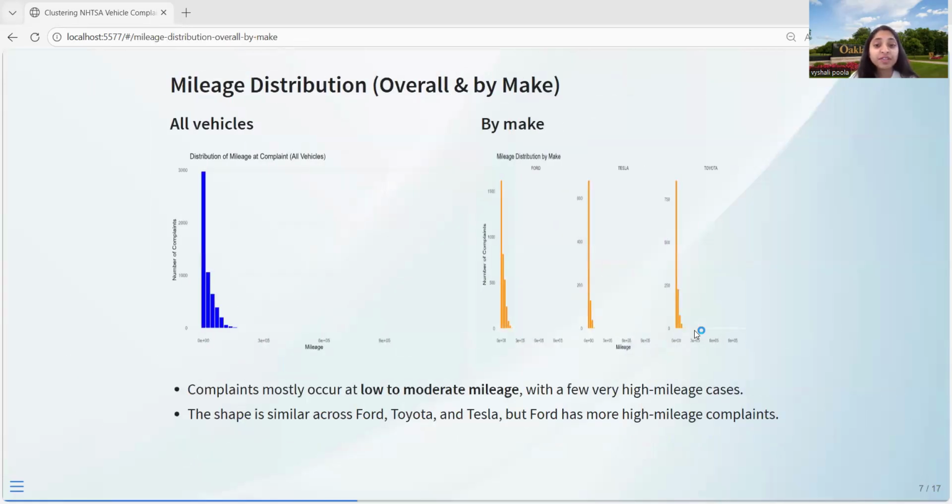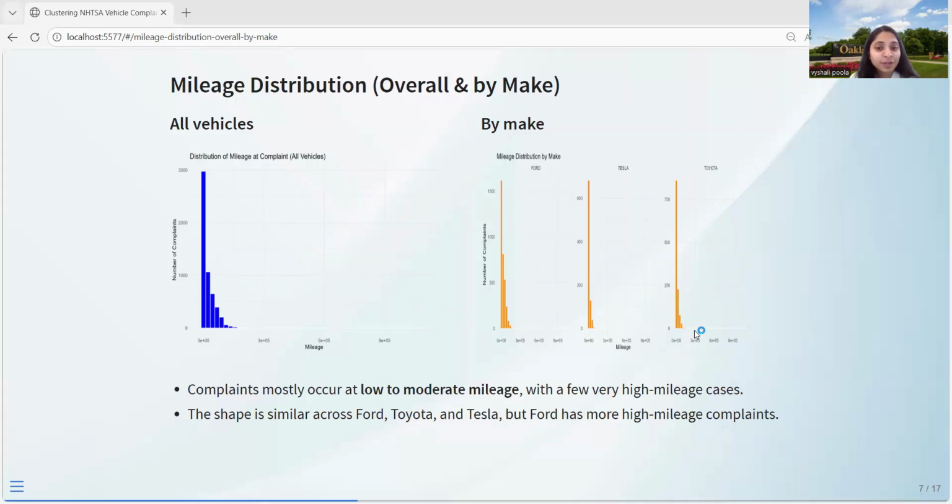Since mileage is a major factor in vehicle behavior, I took a closer look at how complaint mileage is distributed. Most complaints come from vehicles with lower mileage. You can see here, this aligns with typical consumer behavior. Again, people tend to report problems early, especially if they believe something is abnormal.